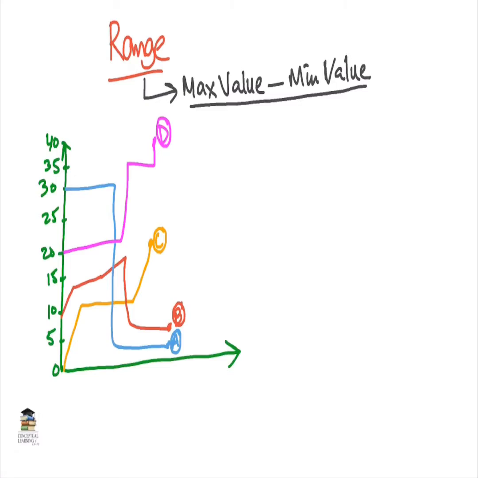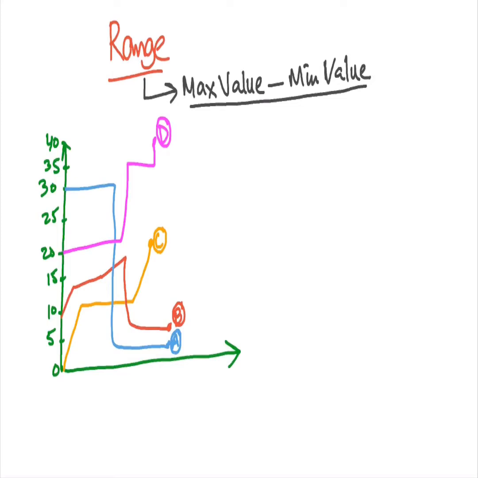Now we try to solve range questions in terms of a graph. We already know range is maximum value take away minimum value. We have a graph. In this graph, the different values are represented by different colors. One value is represented by A, B is represented by a different color, value C is represented by a different color, and value D is represented by a different color.